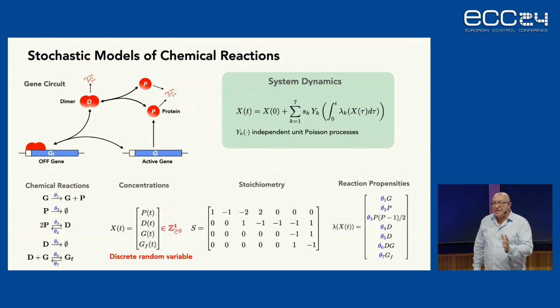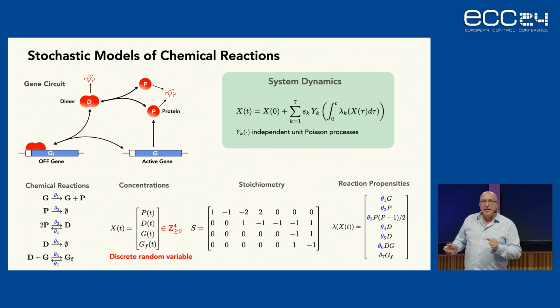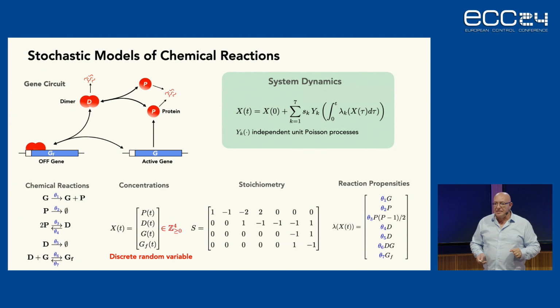The problem is that inside the cell, you often have very low copy numbers, so you can't really represent things as continuous variables that evolve deterministically, and instead you have to represent these things as discrete random variables that evolve over an integer lattice, a non-negative integer lattice.